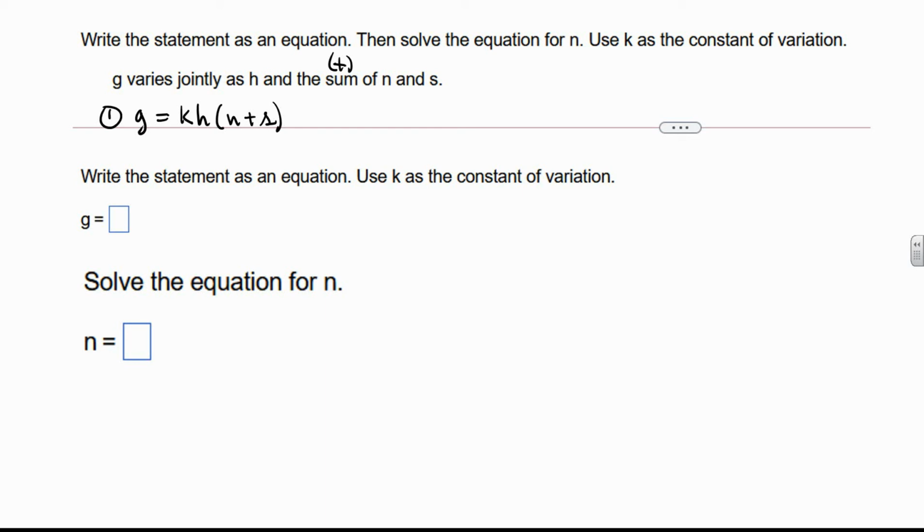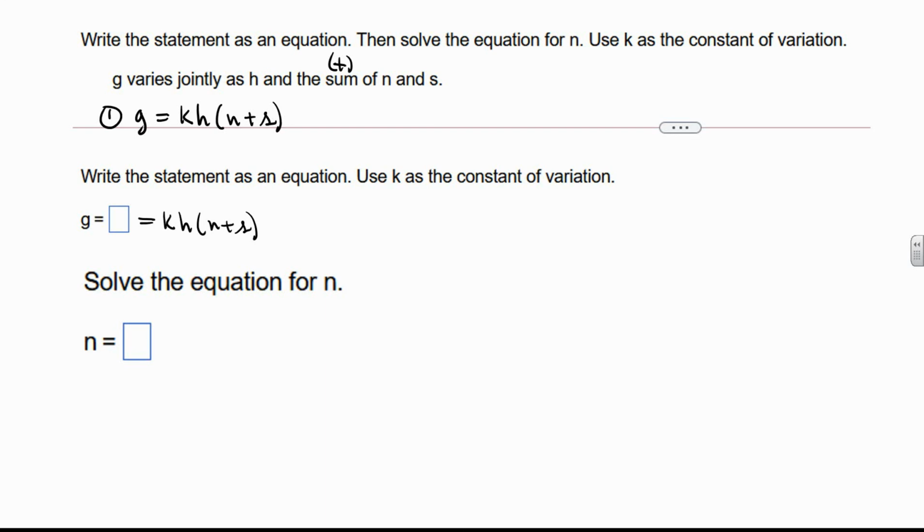So here, write the statement as an equation, use k as the constant. So they just want what we have for step number 1. So here g is equal to k times h times n plus s. And then it says solve the equation for n. It's already given as g equal to, but now they ask solve for n.